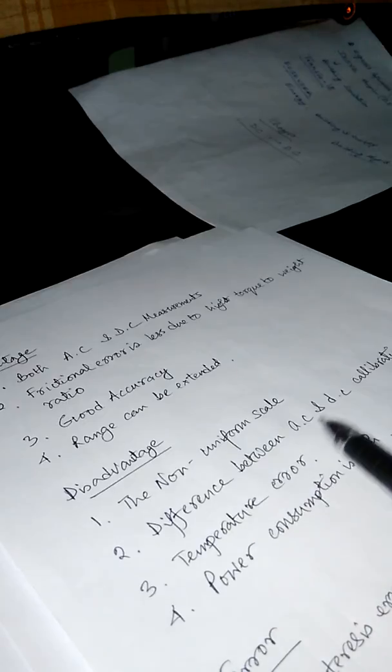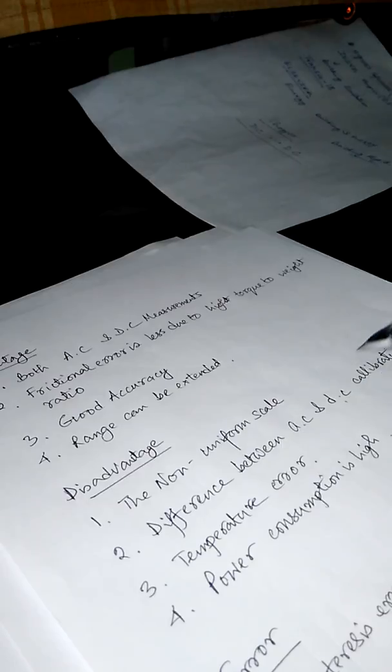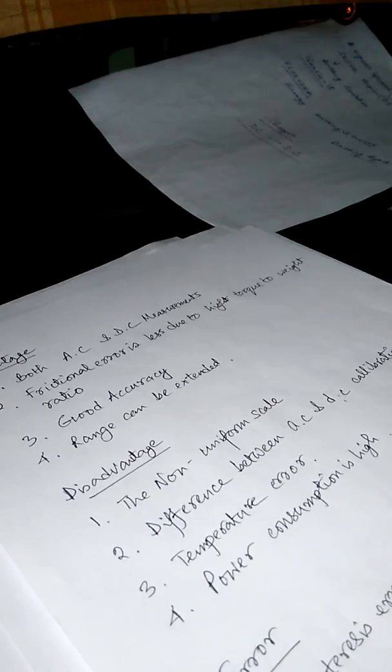The difference between AC and DC calibration is another important point. That is not the same for the moving iron instrument, and for that reason we have to consider frequency calibration. The moving iron instrument can work in the range between 25 Hz and 125 Hz.